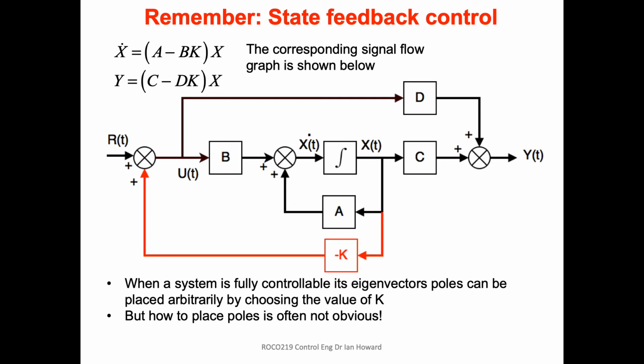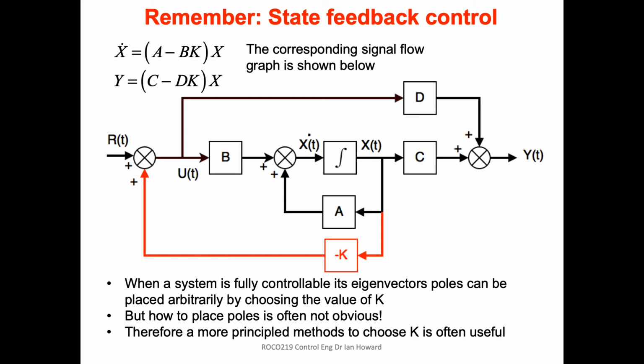We know if they've got imaginary components, there's going to be some oscillation in the way the controller operates. And we can also say, the bigger the magnitude of the pole or the eigenvalue is, the faster it's going to try to get to where we want to go. But it's still a bit of an arbitrary decision in terms of where these things should be.